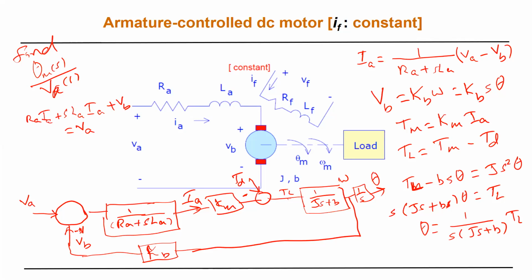I need theta to VA. As I said, if I know the feedback system, I can reduce the entire thing into 1 block and then multiply. But suppose we don't know the feedback system now.